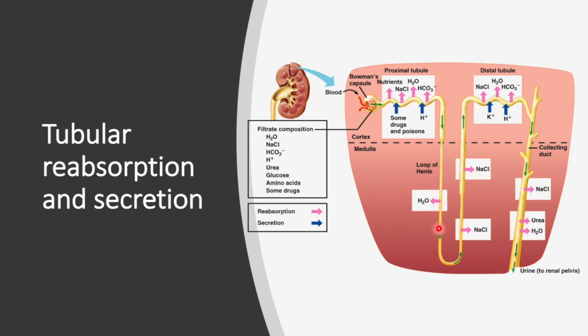But the thin descending limb is permeable to water even without ADH, which allows reabsorption of water. Whereas the distal tubule and collecting ducts are not permeable to water. They only become permeable to water with the presence of ADH. So water will be reabsorbed here, which allows the production of a small volume but concentrated urine.